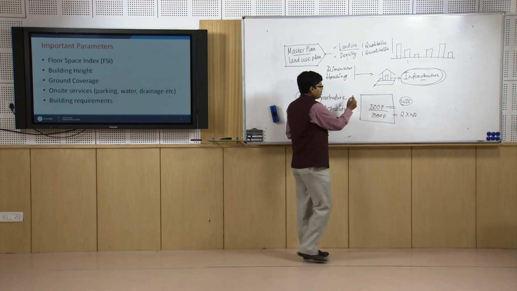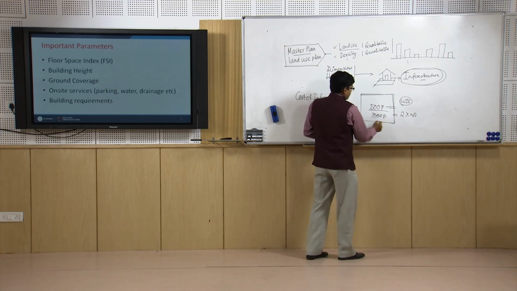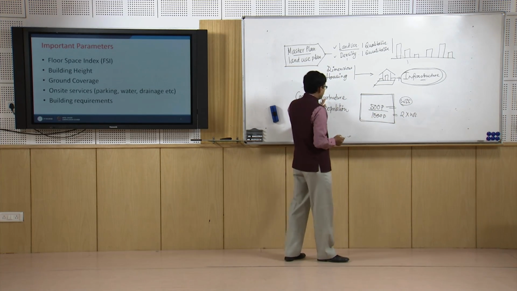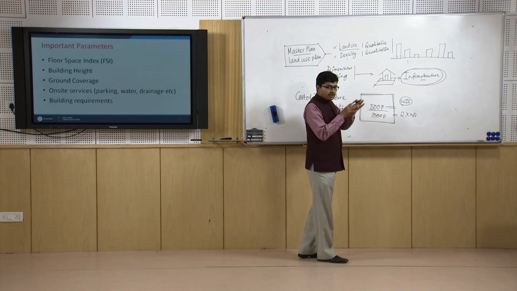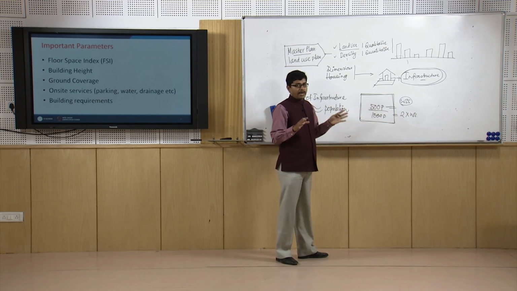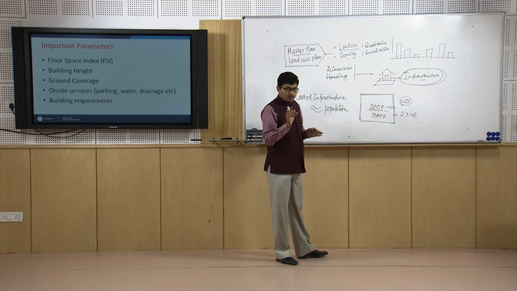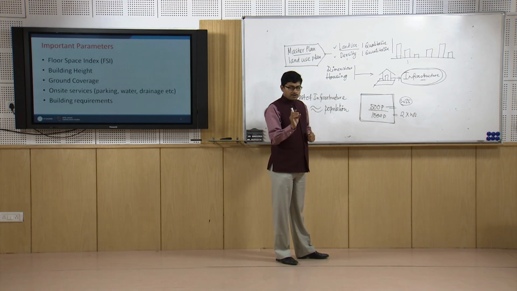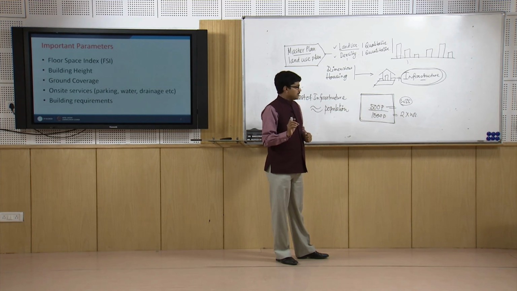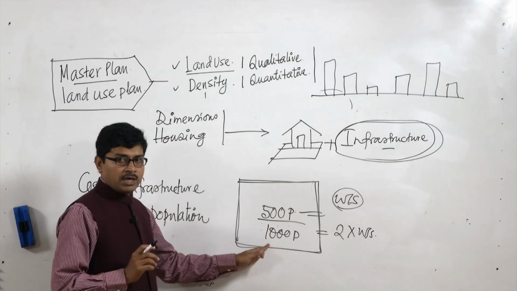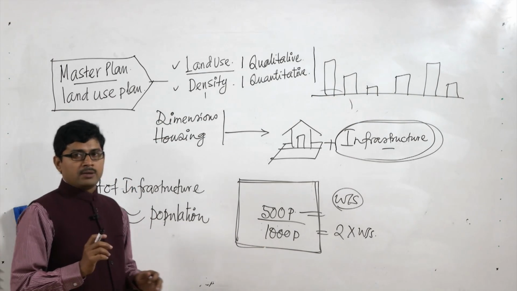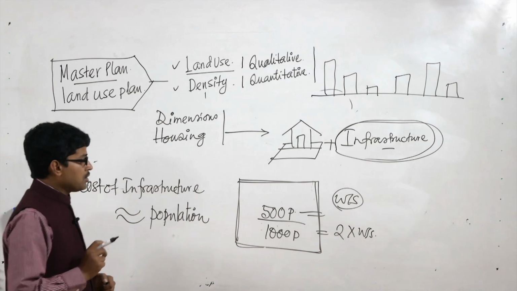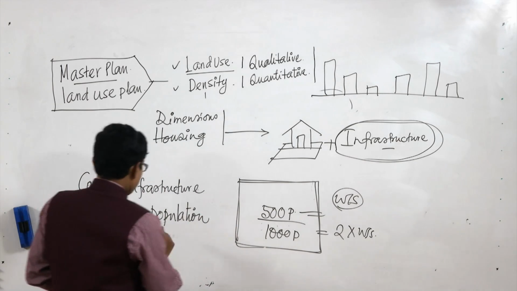So in a given plot, if you can accommodate a larger population, definitely the cost of infrastructure and cost of land will be distributed over the population, and the unit cost of each house or each particular small plot will be less. That's why a denser development is more affordable for the poor and the middle income group.